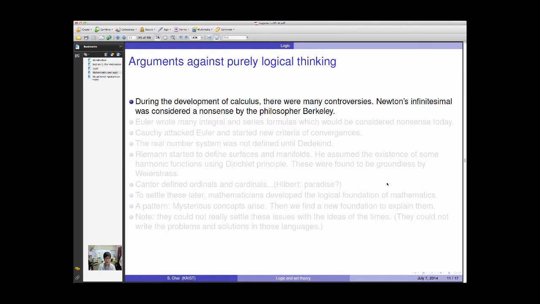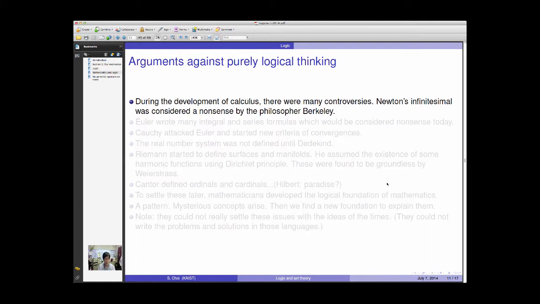Okay, the arguments against purely logical thinking. During the development of calculus, there were many controversies. Newton's infinitesimal was considered nonsense by the philosopher Berkeley. For example, he showed many inconsistencies in Newton's uses of the infinitesimal.